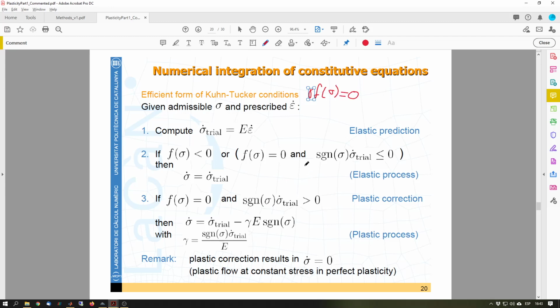Kuhn-Tucker conditions. And one way to efficiently compute, in order to use our rate form of the constitutive law, we will need to compute our trial function first. Let's assume that we are with a given value of my stresses, and let's see if for those, this assumption of elastic prediction, we are assuming that epsilon p is equal to 0.